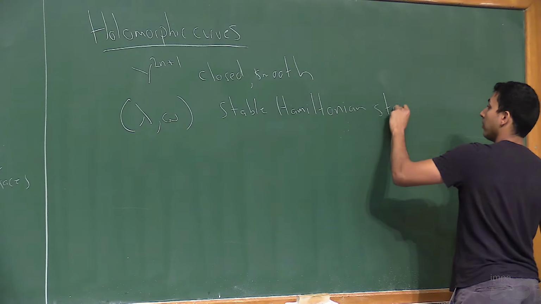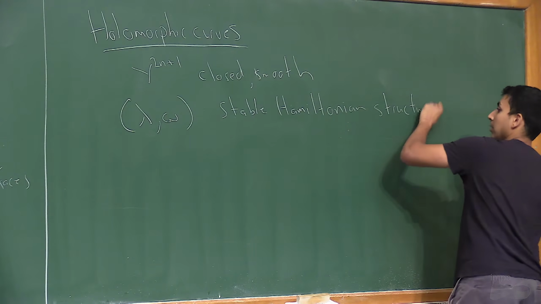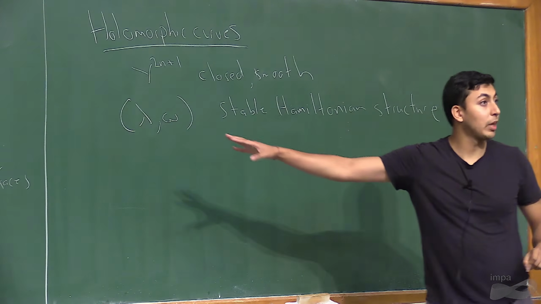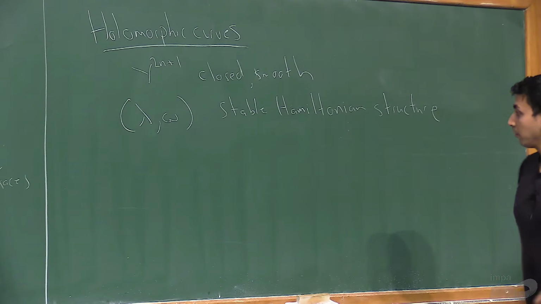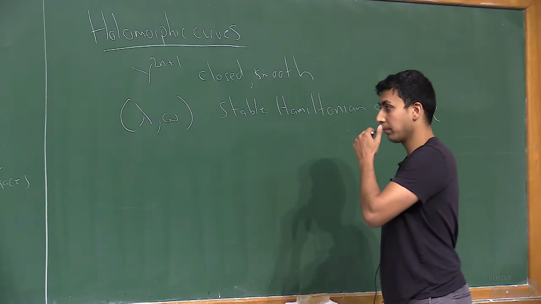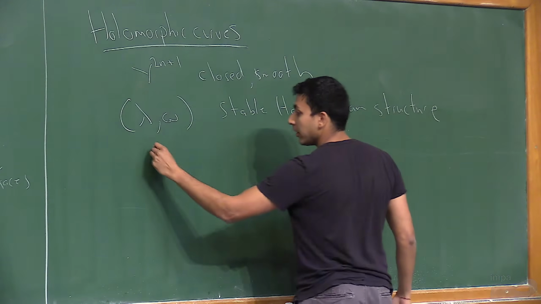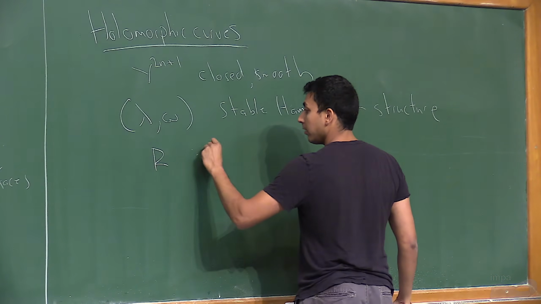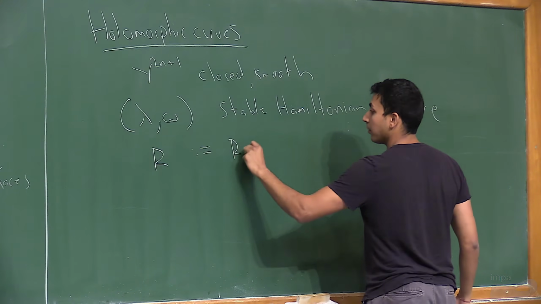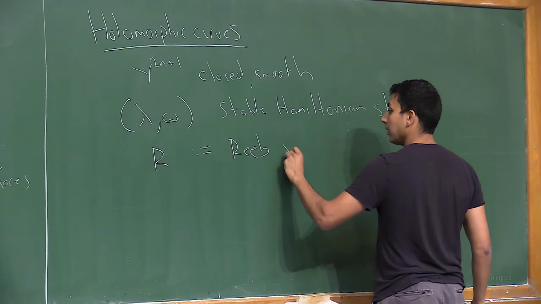This formalism includes both contact manifolds and mapping tori of symplectic diffeomorphisms. I'm going to fix the notation that R is the Reeb vector field of this stable Hamiltonian structure.